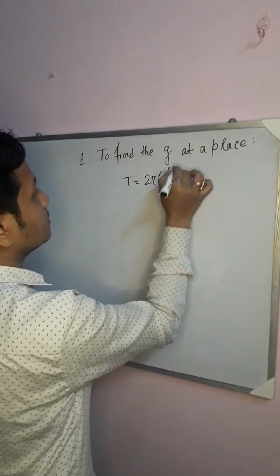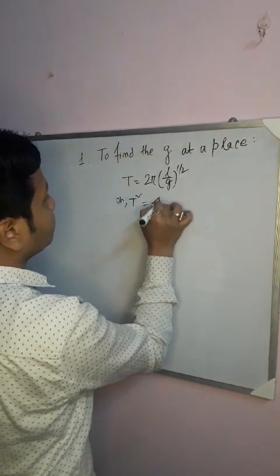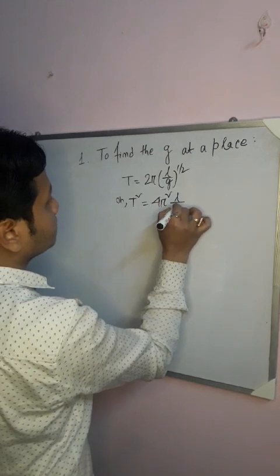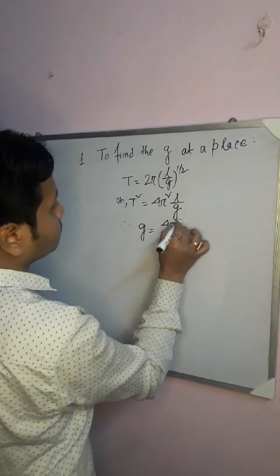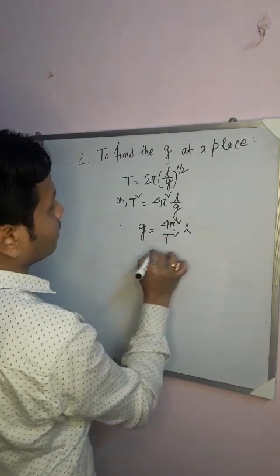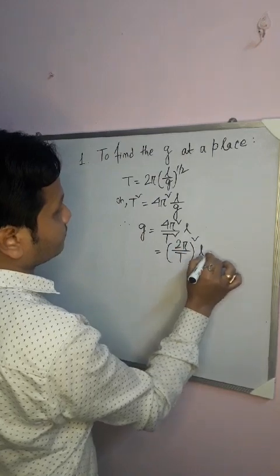How? We easily know it. T = 2π (l/g)^(1/2), or T² = 4π² l/g, and this is simply g = 4π² l/T², or more commonly we can write as this.